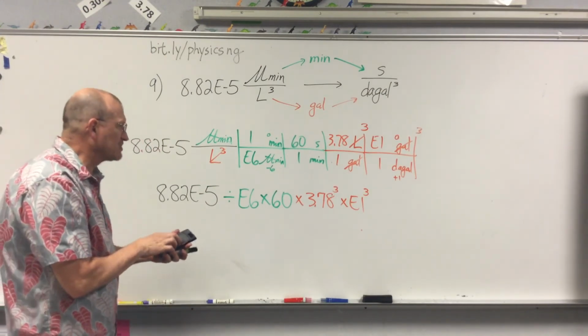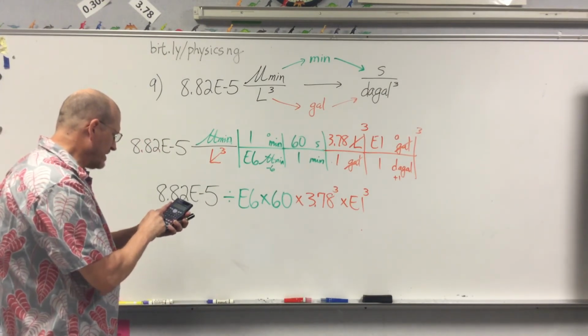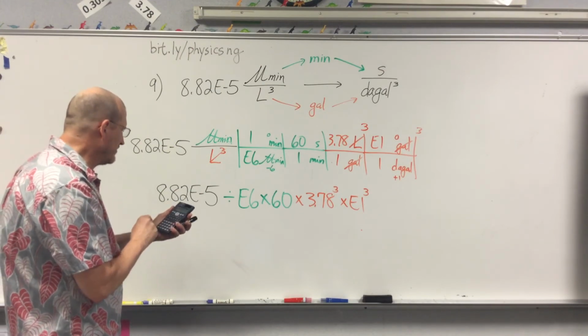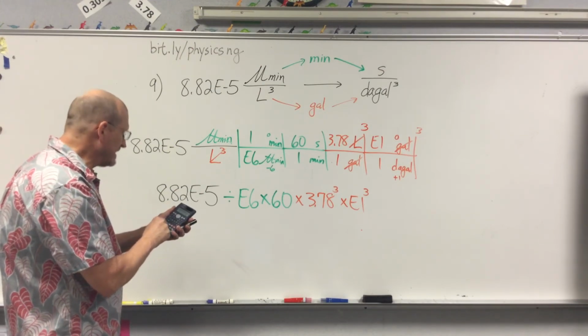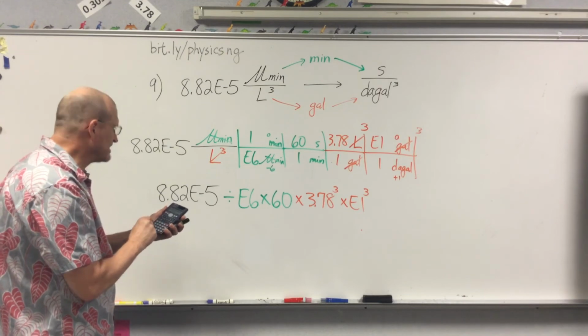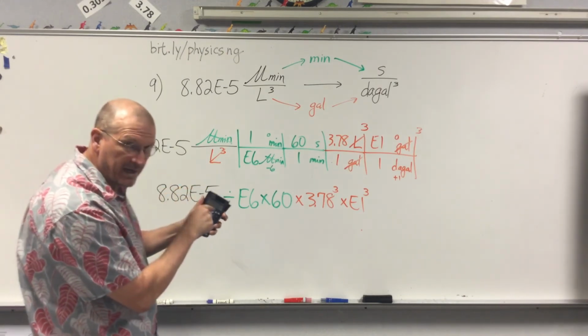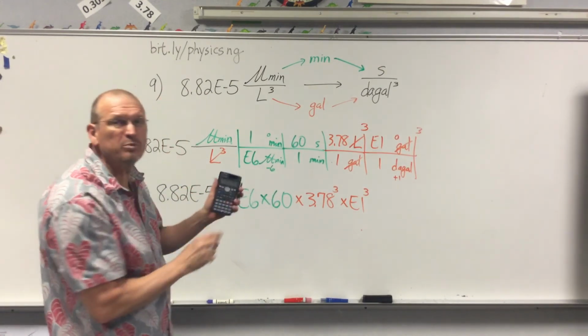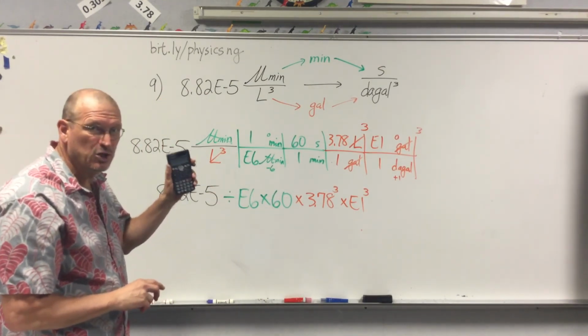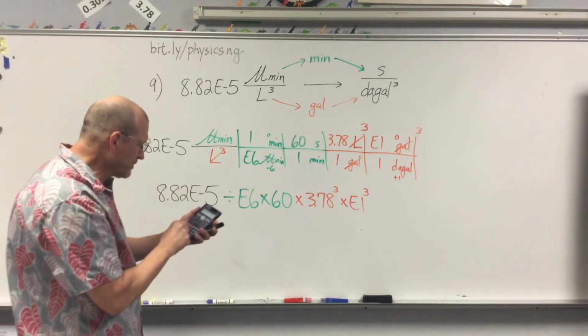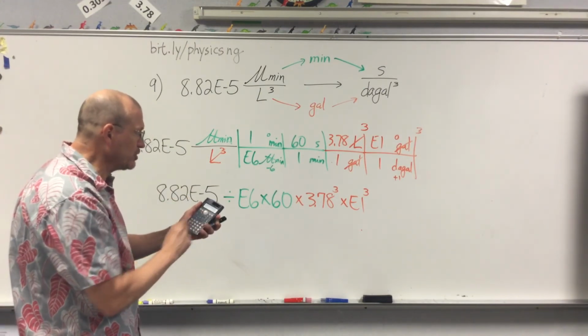So now when we go to actually calculate this, we start with 8.82 e negative 5. We divide by E6, times by 60, times by 3.78. And this is where on my class calculators there is a cubed button. So you can just hit cubed and you're taken care of, times E1 cubed.